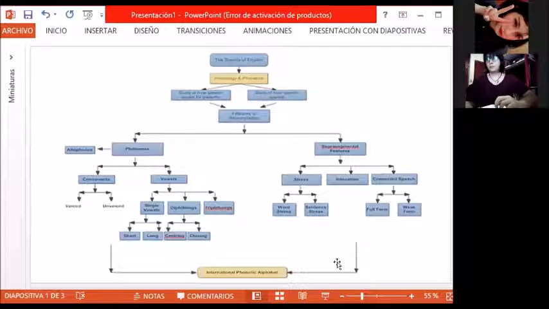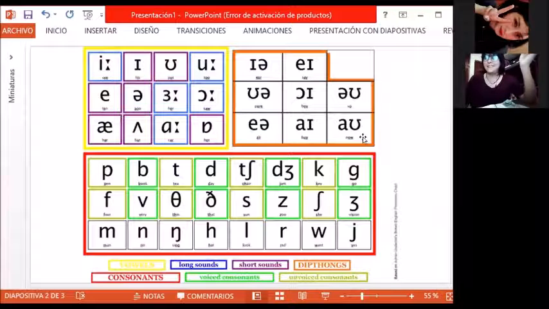Okay, now let's go with the next. This has to do with the phonemic chart. So we have here the phonemic chart. As I said before, here's how we pronounce things. In this chart we have the vowel sounds and the consonant sounds.